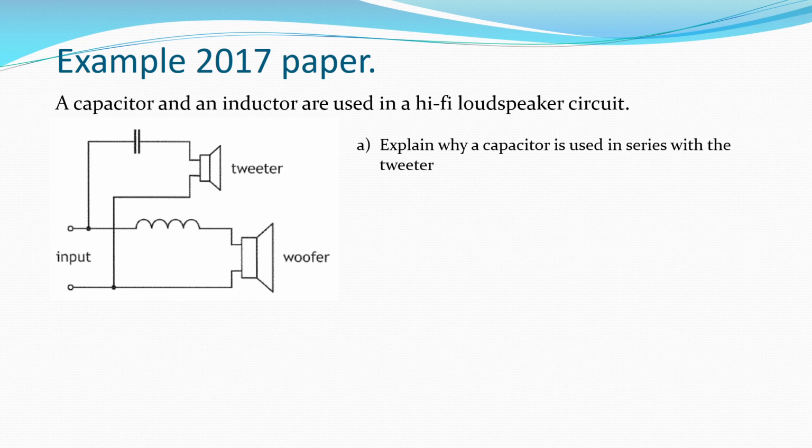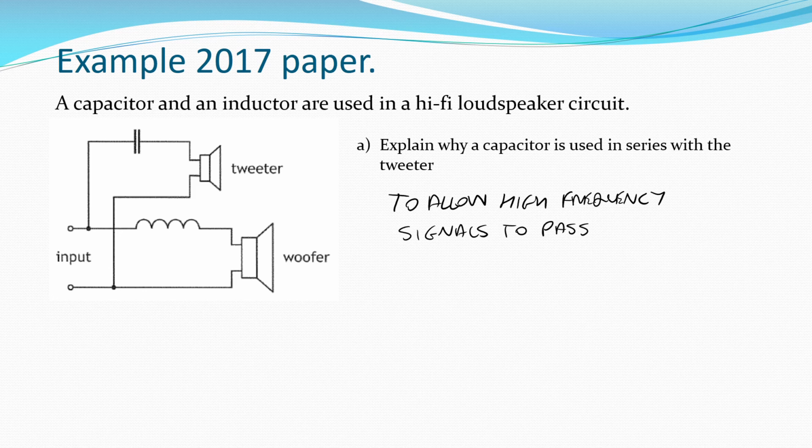The capacitor is there to allow high frequency signals to pass, because remember, when we have a high frequency, we have a low capacitive reactance and therefore a high current. We could also say, as well as allowing high frequencies, they block low frequencies.